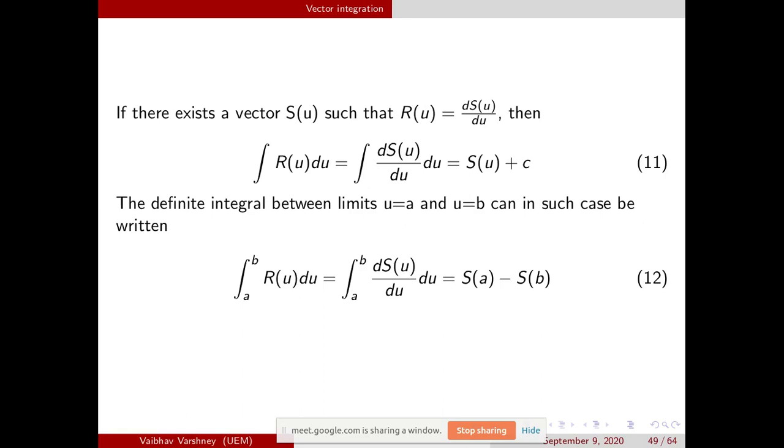Any doubt in this? Because the differentiation of sin x is cos x, and if you integrate cos x, you will get sin x. This is what these two expressions are telling us, nothing else.